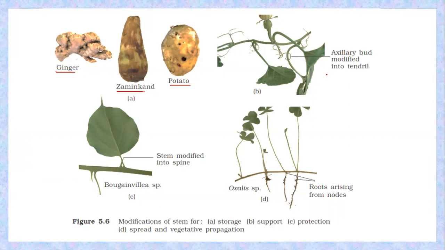Yes, so that is stem modification for support. And in bougainvillea, look, the stem is modified to form spines. And the last one is vegetative propagation, which we'll be discussing right now.